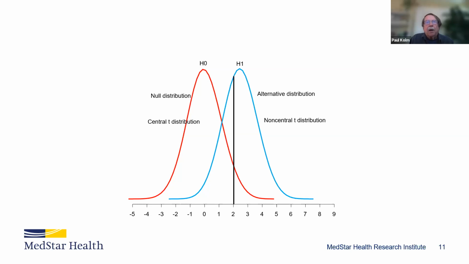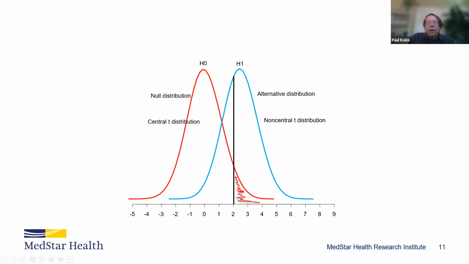And so our alpha error rate, or type 1 error rate, is represented by this part of our null distribution, or our central distribution. And this is typically the 0.05 or whatever you set your p-value level at.